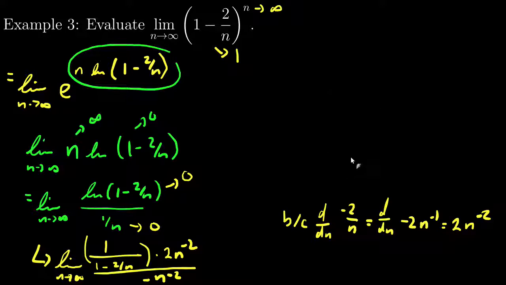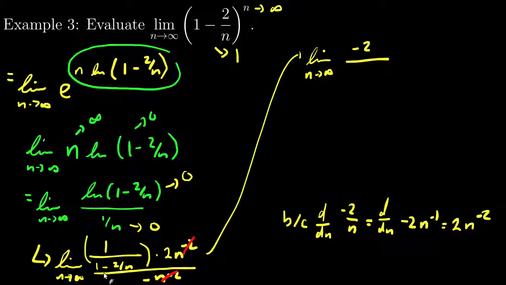So in here, the n to the negative second cancels out, but the 2 does not, the negative sign does not. So I'll just bring it together. I will simplify some algebra here, and I'm now at the limit as n approaches infinity of negative 2 over 1 minus 2 over n.